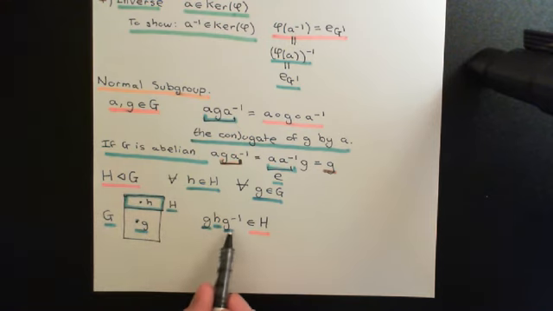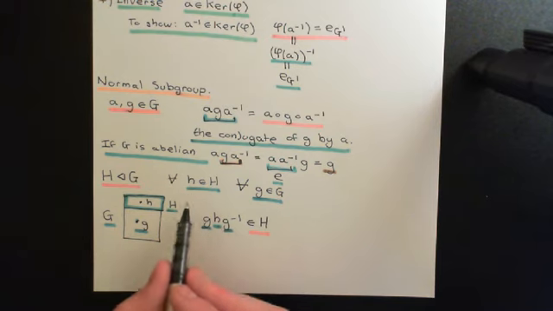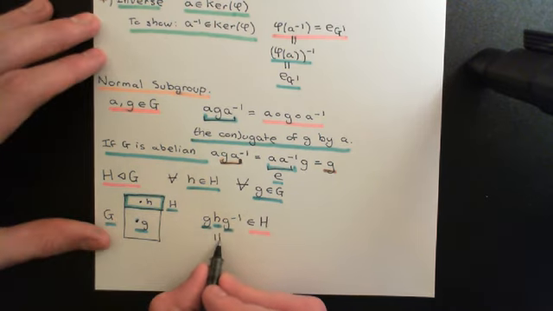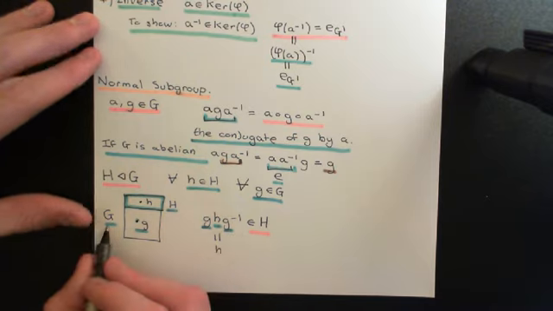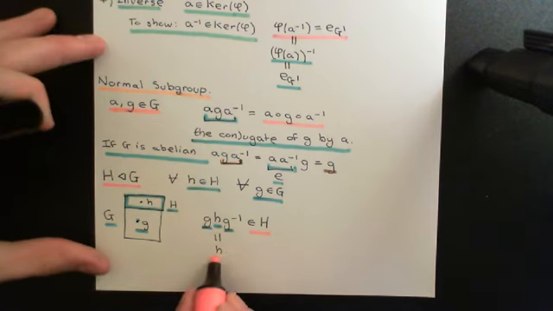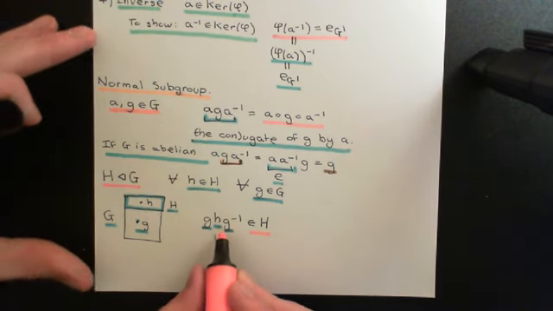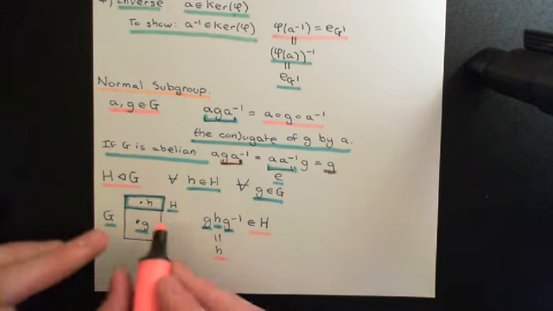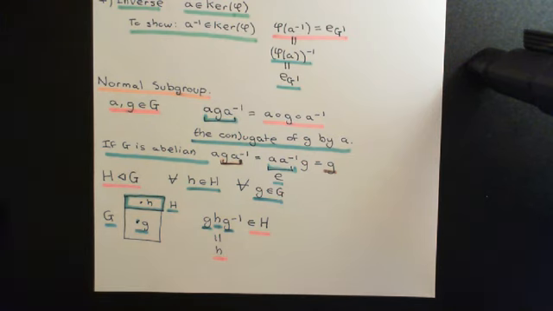When you consider conjugating any element of the subgroup by any element of the larger group, what you get back is just little h again, because capital G is an abelian group. This is all conjugation in capital G, so it will just give me little h back again. So of course, little h is an element of capital H, so this is automatically true.